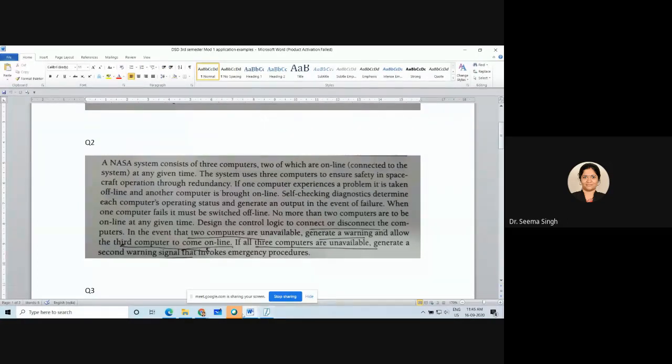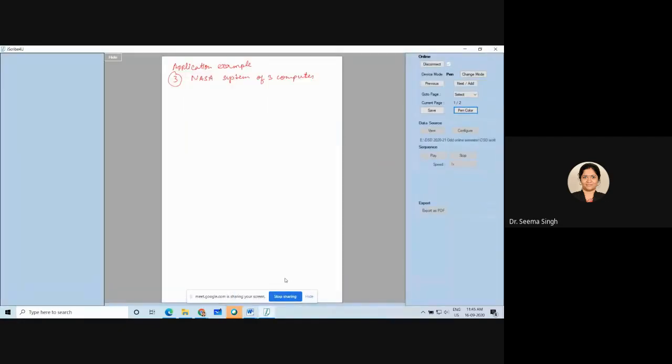Now I hope you have understood the question. Now let me show you how to solve this question. Now you know that there are three computer systems. So I will call them computer 1, computer 2, computer 3. Okay. And there is a logic for each computer to get connected or not connected.